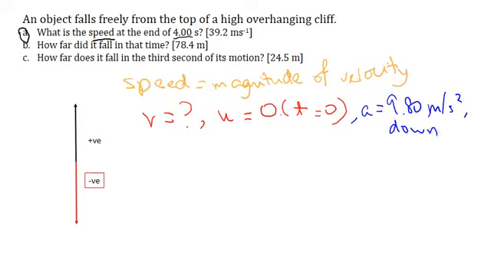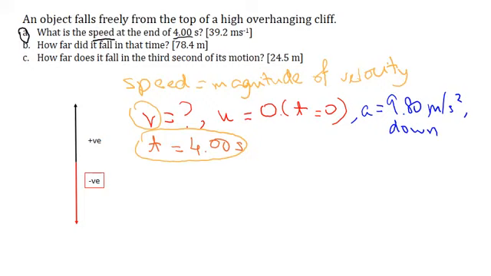And what else do we have? We also have the value of time. This time corresponds to this particular value of v. So in other words, I'm calculating the value of v at a time of 4 seconds.